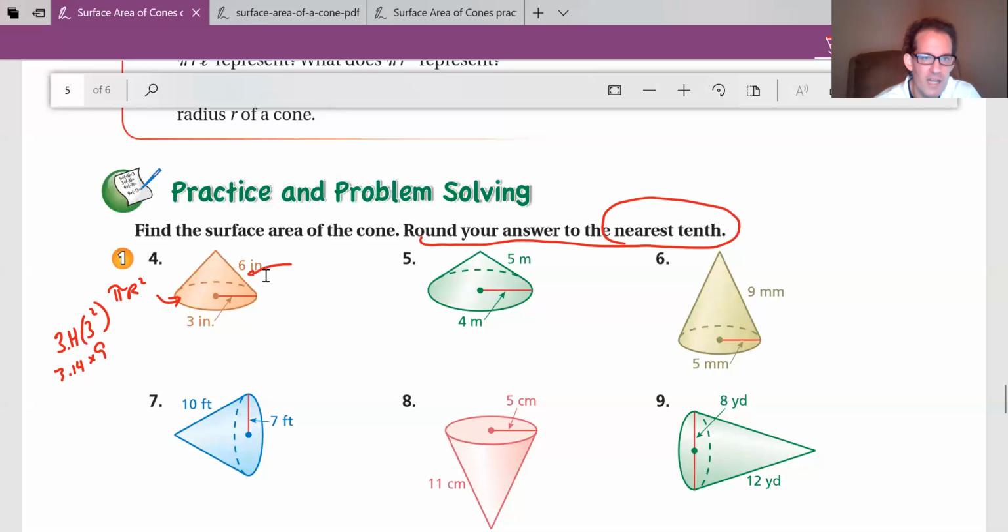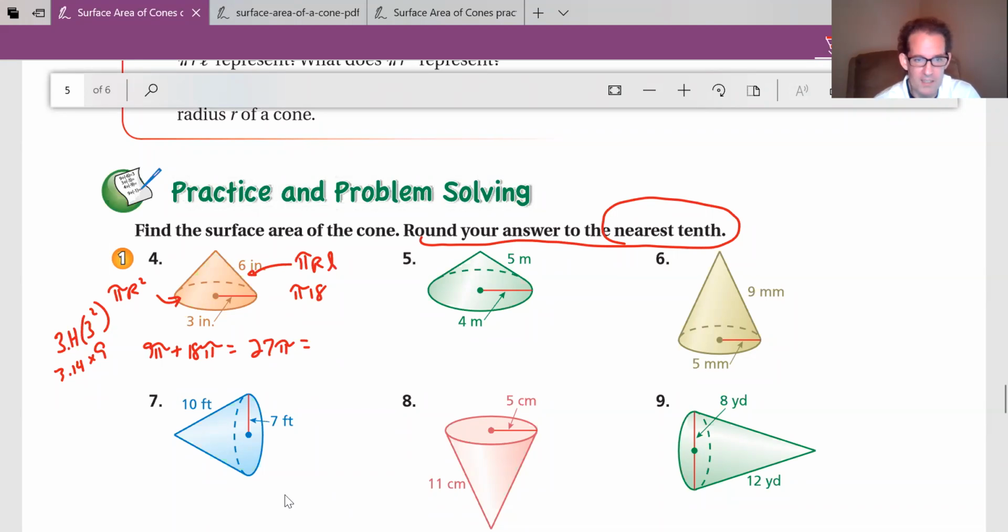And then the lateral surface is pi times the radius times the slanted height. Again, I'm going to show that with that L there. The slanted height is 6, and the radius is 3. So 3 times 6 is 18, so this is pi times 18. Now I'm just going to add these two. 9 pi plus 18 pi simply equals 27 pi.